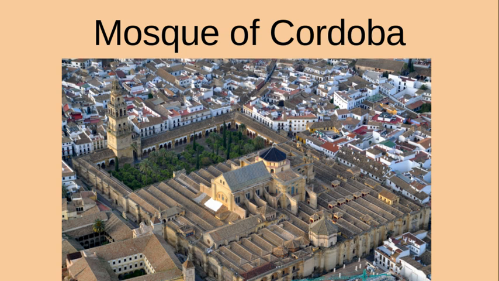Then in about the 570s CE, the temple gets overtaken, and the whole area gets overtaken by a barbarian group called the Visigoths, and they changed the temple to a Christian church.